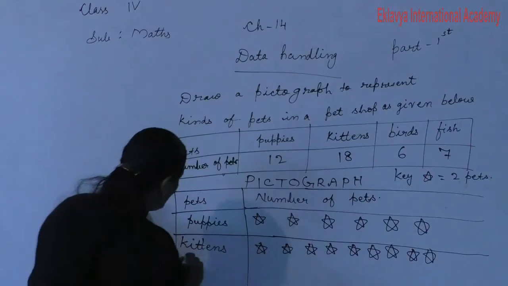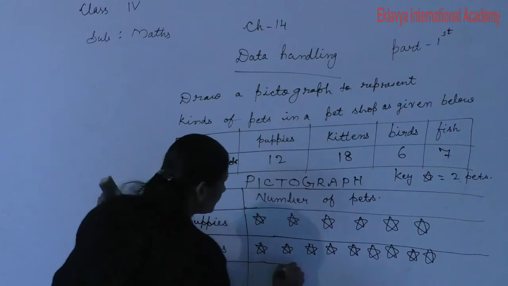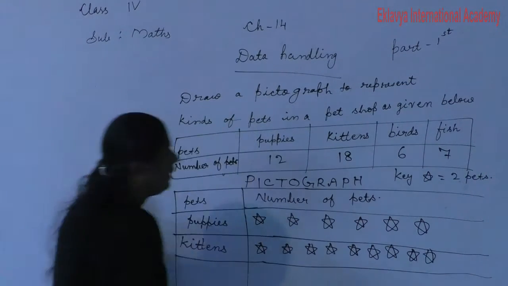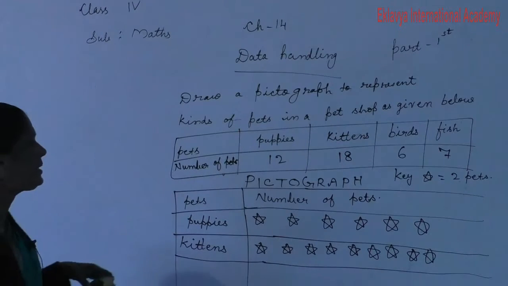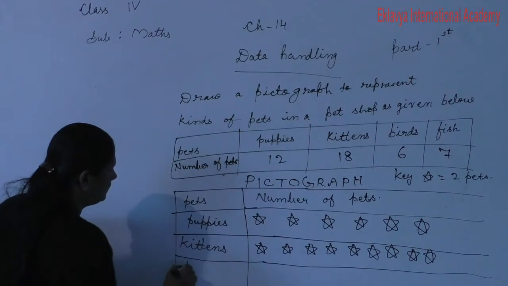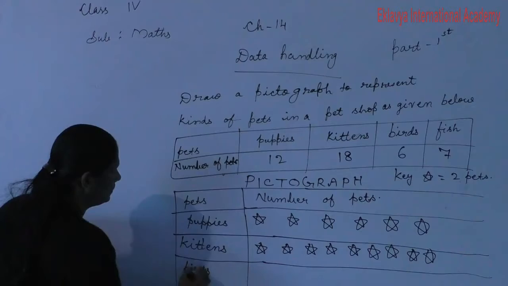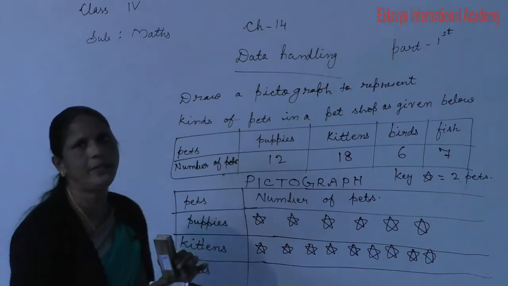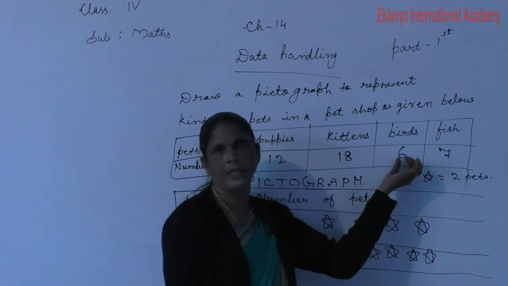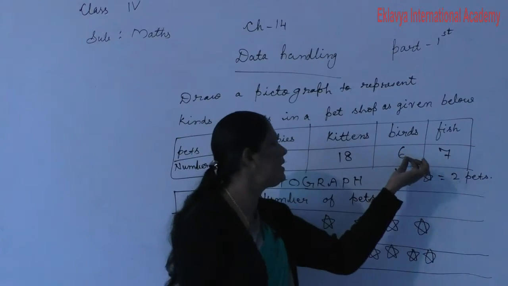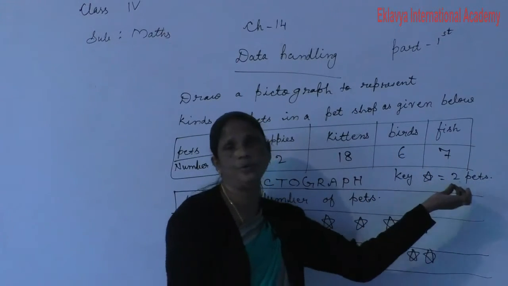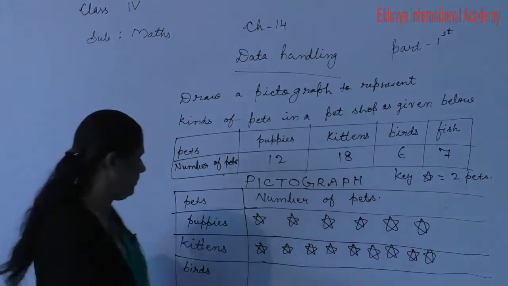Then again you draw the line. Next our pet is birds. How many birds? 6 birds. Again you divide, 6 divided by 2, you get 3.